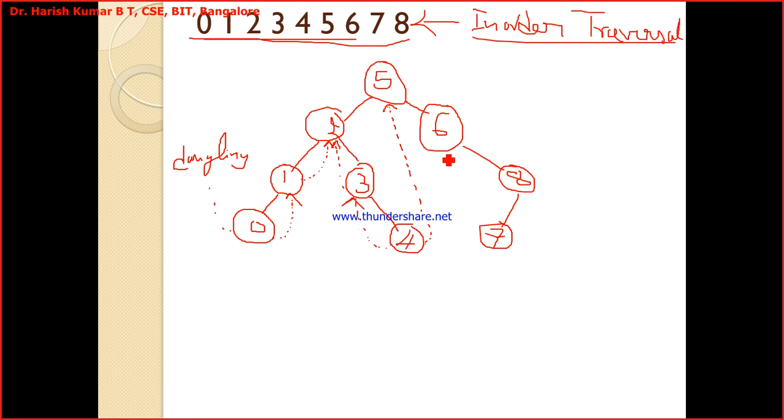From 6 it should go back to 5. And then 7, there is a left subtree but there is no right subtree. Right field of 8 is null. Now for 8, after 8 there is nothing. So now again it becomes a dangling pointer.